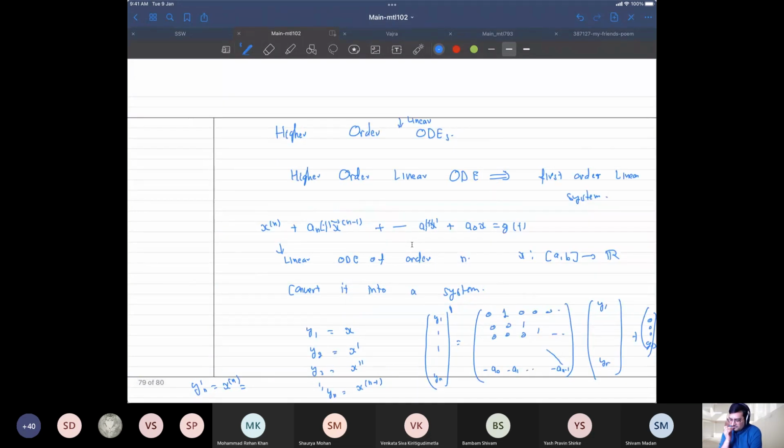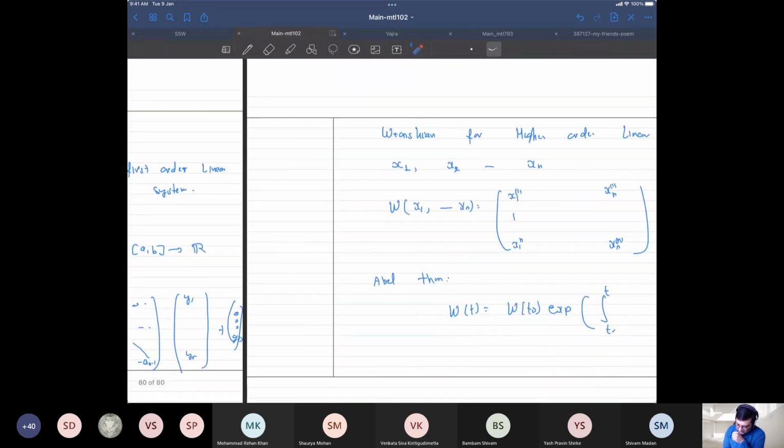Can somebody tell me? Just look at this one and tell me the trace of A. Note that all the diagonal entries are zeros except the last one, and this is with the negative sign, because I took it the other way around.